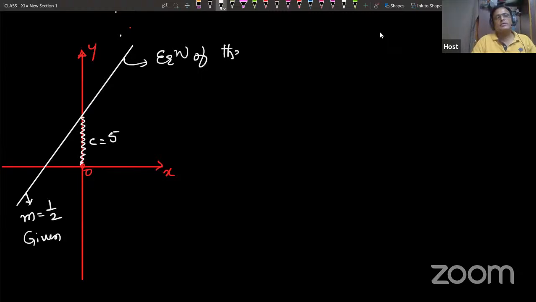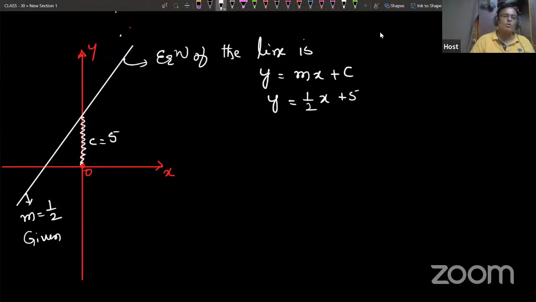Equation of the line is y is equal to mx plus c, because whenever slope and intercept are given, y is equal to m, which is 1/2, x plus c, which is 5, because the y-intercept is above, and above means it is plus. Now take the LCM, which is 2: 2y is equal to x plus 10.